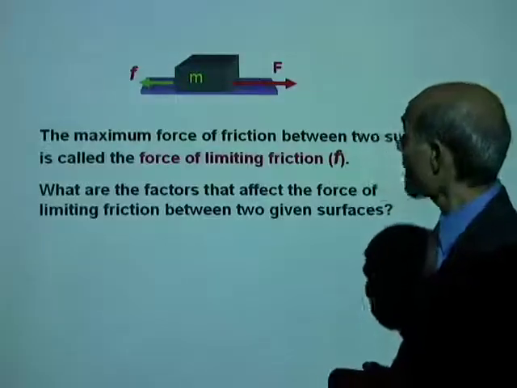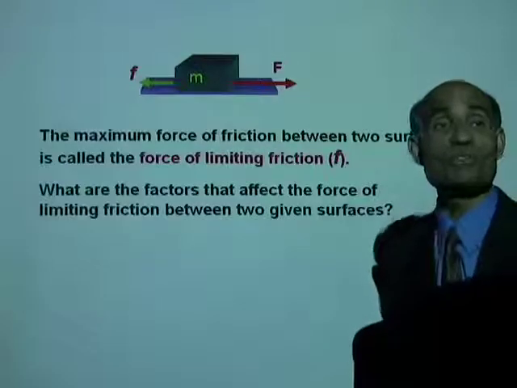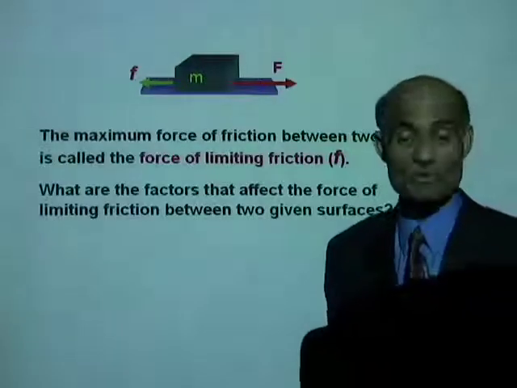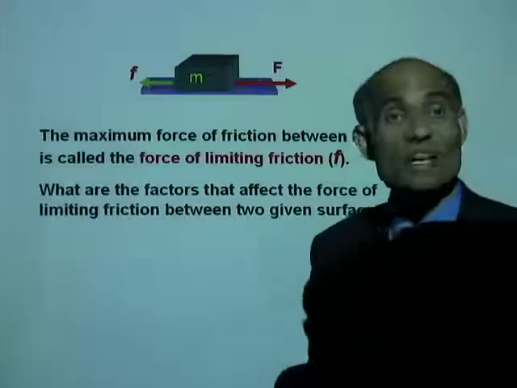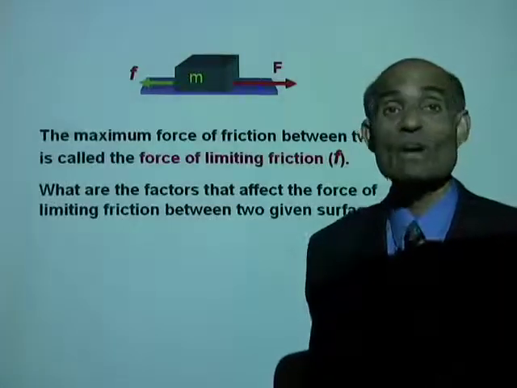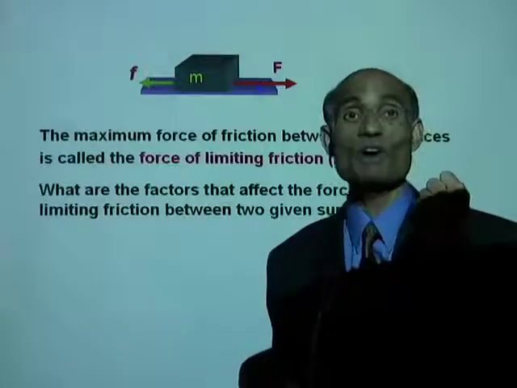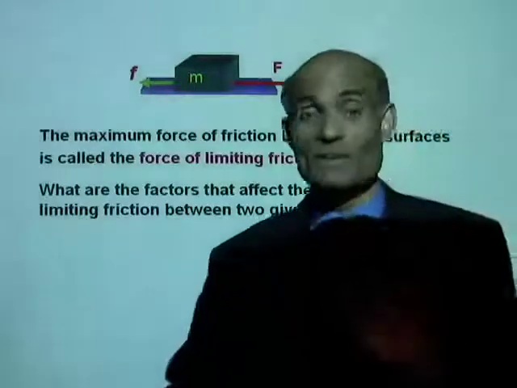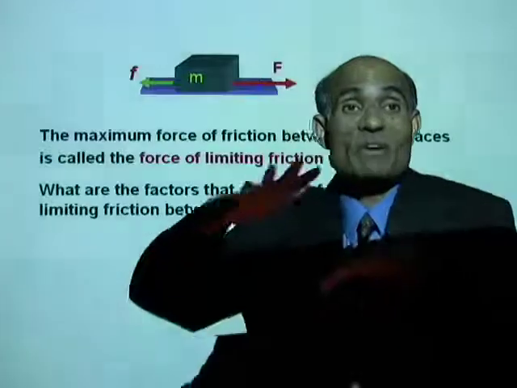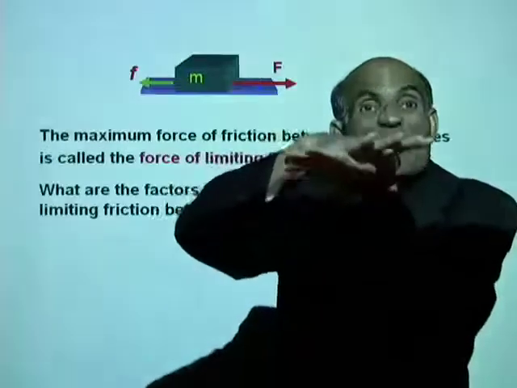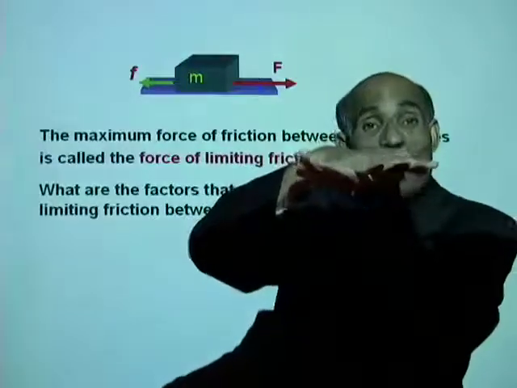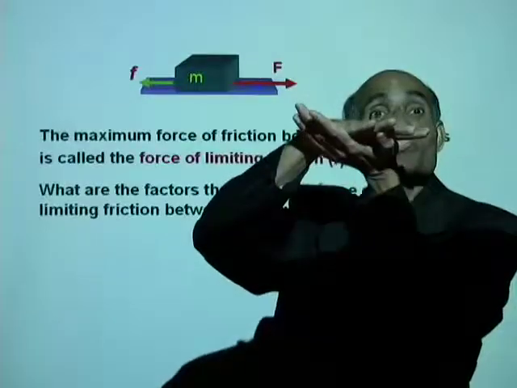Now, what are the factors that affect the force of limiting friction between the two surfaces? I just illustrated that to you here. The one factor that affects the force of limiting friction is the force that presses the two surfaces together.